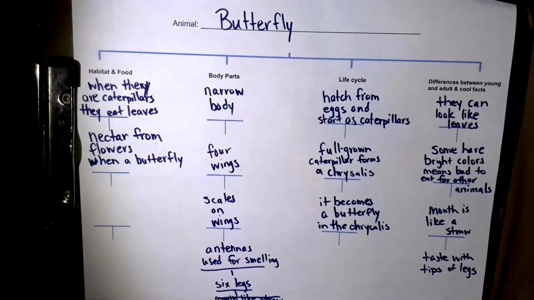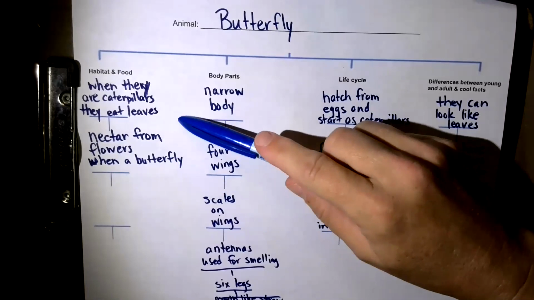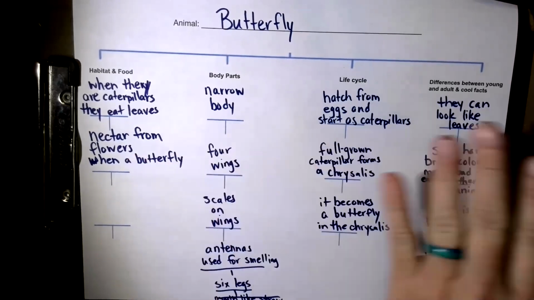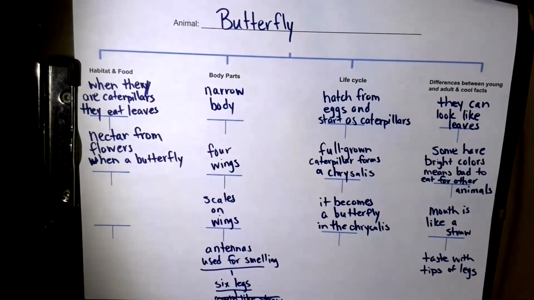So I'm going to use my skills of using clues to find out that I'm thinking that that's where their habitat is. And if you wanted to go a little bit further, remember how I talked about that you could go and research and find that information on the internet with the help from a parent, you could have done that and found that.